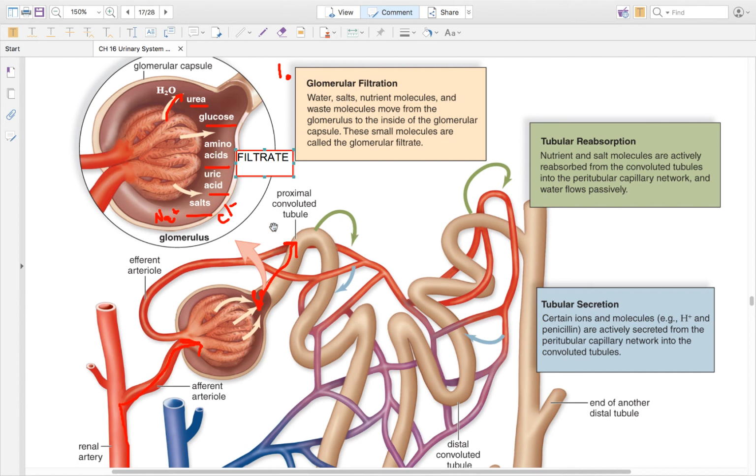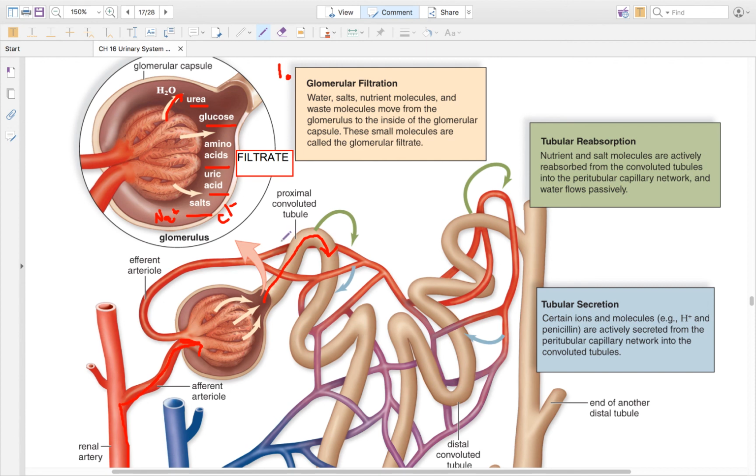So filtrate is going to move out of the capsule, and it's going to move in one direction. It's going to move to the proximal convoluted tubule. And step number 2 is with the proximal convoluted tubule. And see this capillary network over here? That's really important because inside of this tubule, there's a direct connection.